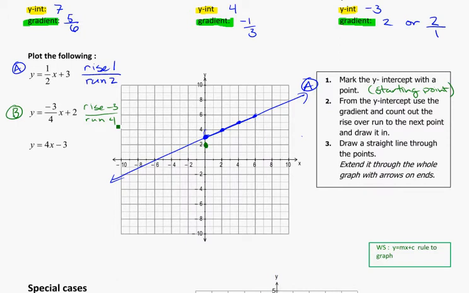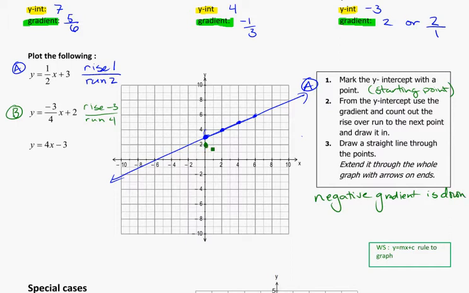What do you think that means, the rise of -3? It's basically saying we need to go down instead of up. So if your gradient is negative, you're going to go down instead of up. So a negative gradient is down.